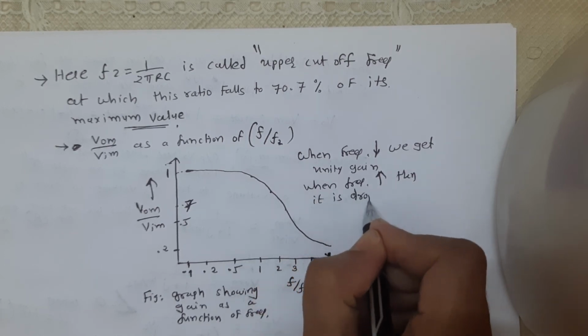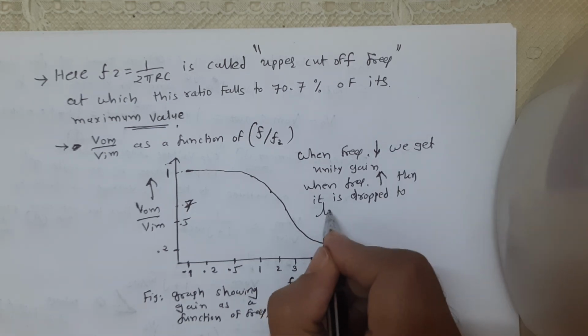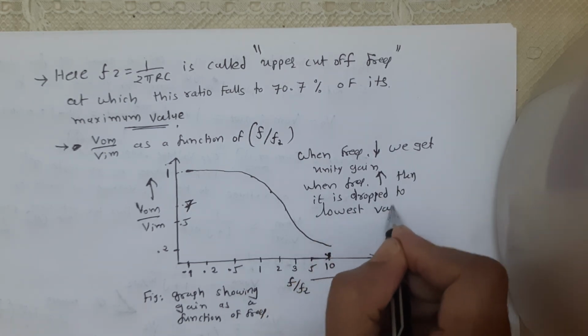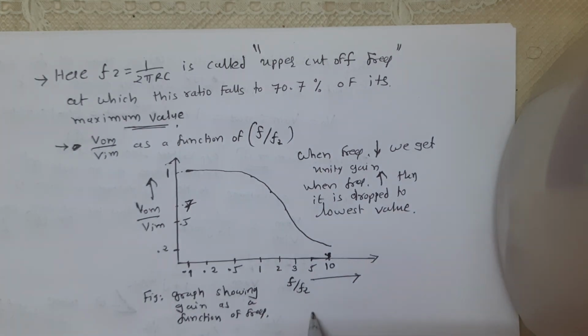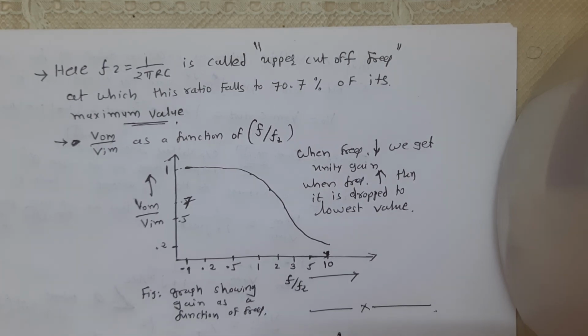When the frequency is high, it drops to the lowest value. This completes this theory. When the low pass filter circuit is connected and we apply a sinusoidal wave, through these mathematical equations we get the value of the upper cutoff frequency, and this is the final graph.